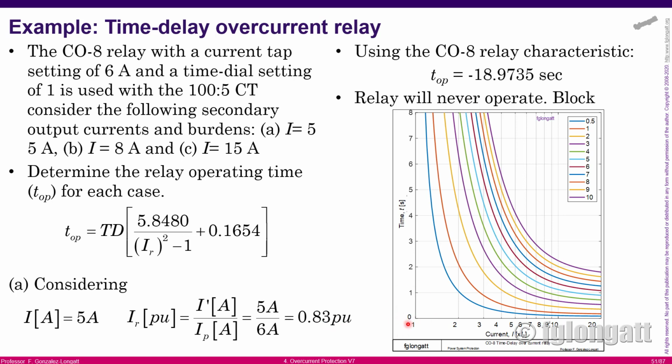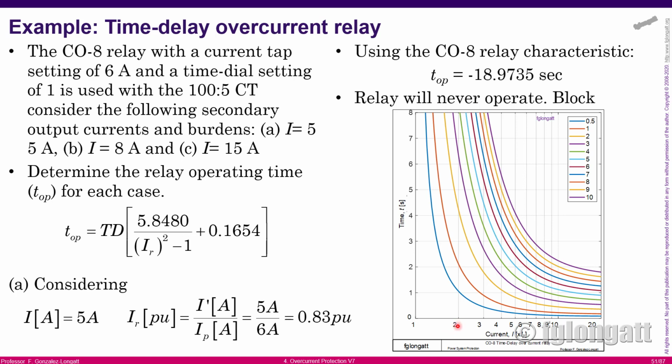Now, you must realize there are 2 ways to see this condition, okay? The first thing that you can see is a value of 0.83 is impossible to find in this time current characteristic. And because it's impossible to find, that means that that relay cannot work, or will never operate for that current, and that is a block. I mean, the relay will not trip.